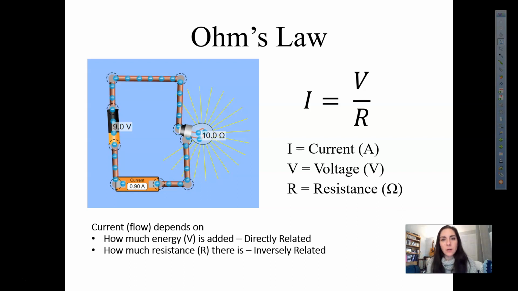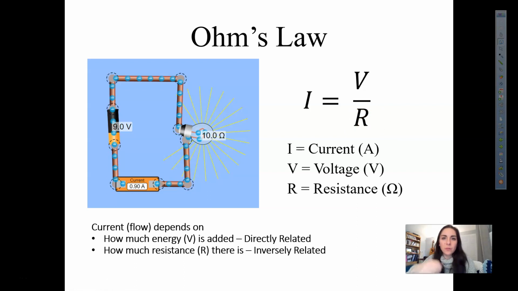But more importantly, you can calculate values using all of these features. As you might imagine, the current is going to get higher if you increase the voltage. So if you use a stronger battery, the current flow will be stronger. You'll see the electrons move more. And another factor is pretty straightforward: if you increase the resistance, the current's going to slow down.